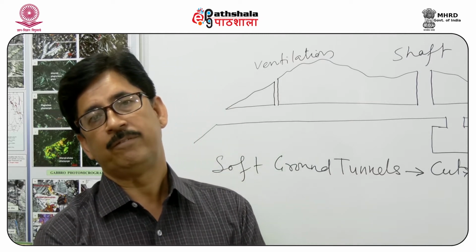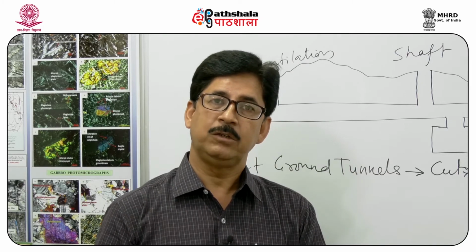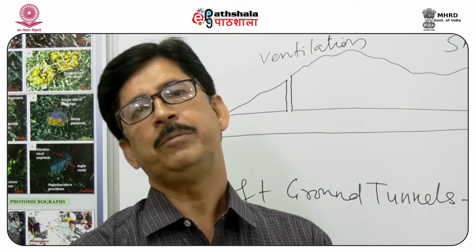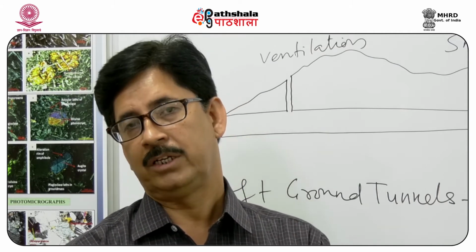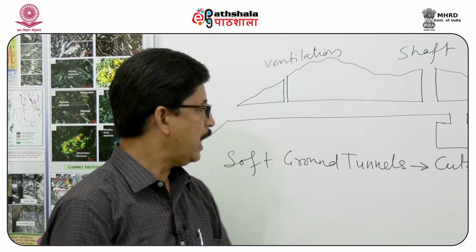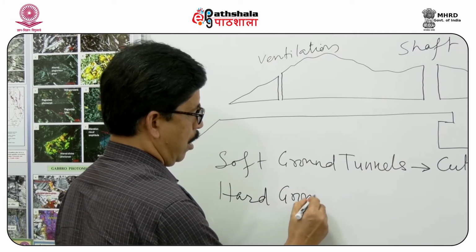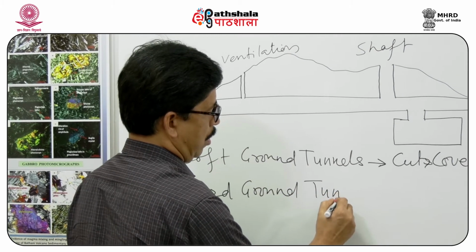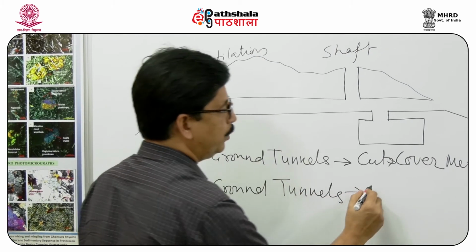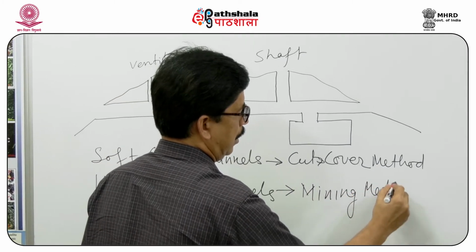We can have flowing ground, where we have flowage of water with the soil or sand or clay, or we may have incursion of groundwater if we happen to cut the groundwater table while excavating. In hard ground tunneling, we normally opt for the mining method.